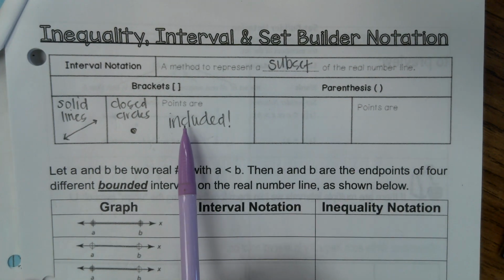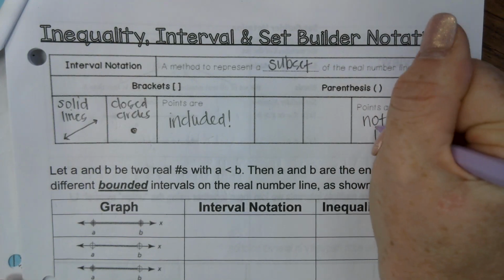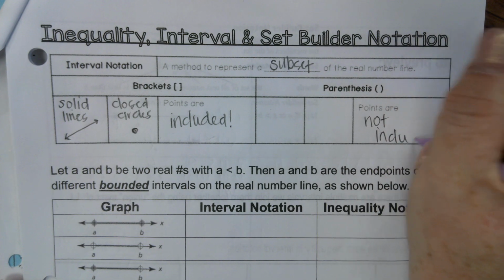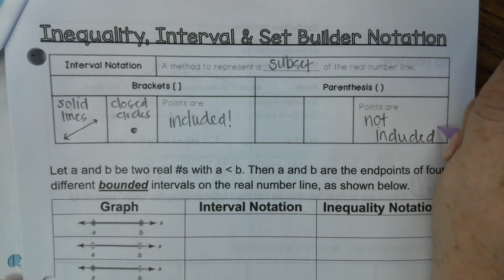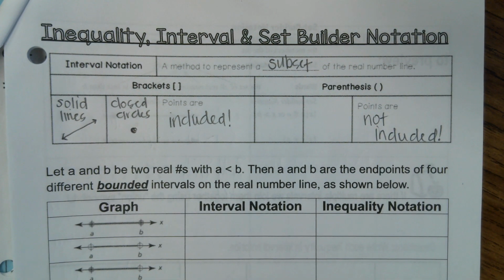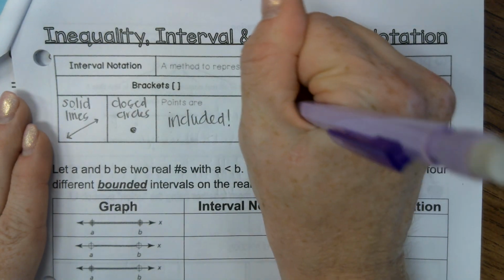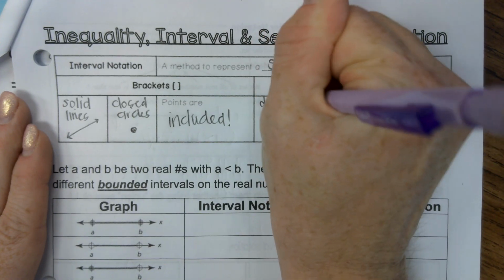Now the opposite of being included is that my point values are not included. Okay, now rather than a solid line, what other lines have we talked about in Algebra 1 or whatever? Dotted or dashed. Okay, either way is fine.